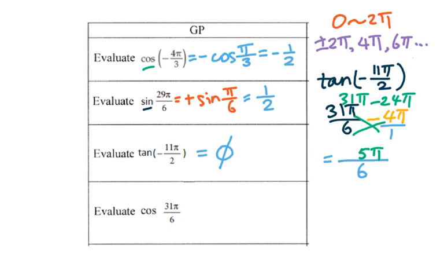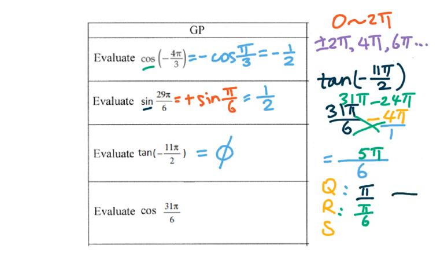For 5 pi over 6, we know that QRS, that will be second quadrant, because that's the n minus 1 pi over n pattern. And the reference angle will be pi over 6.